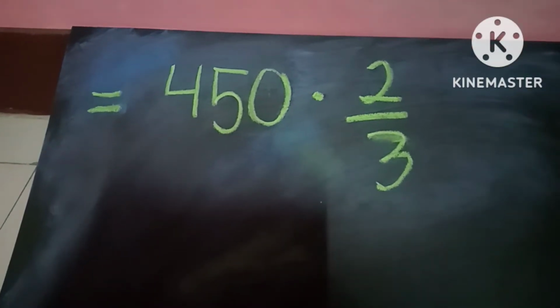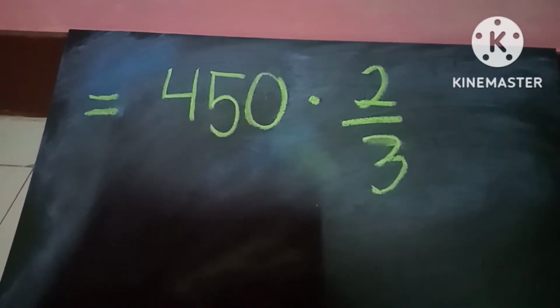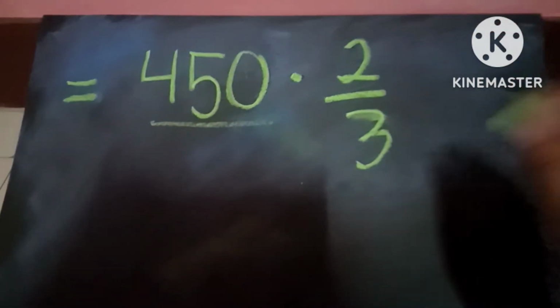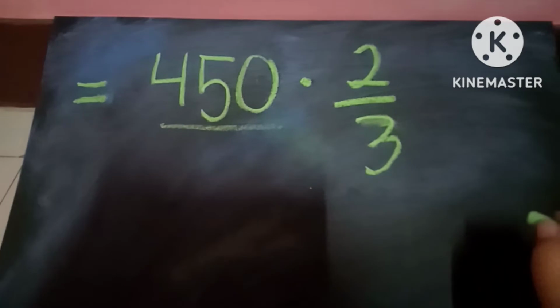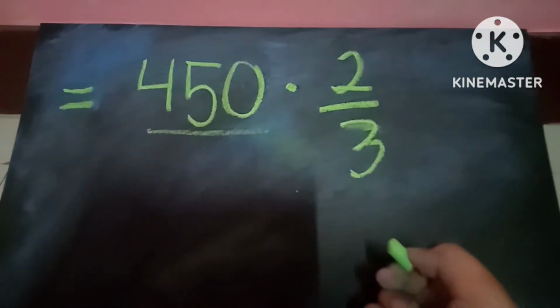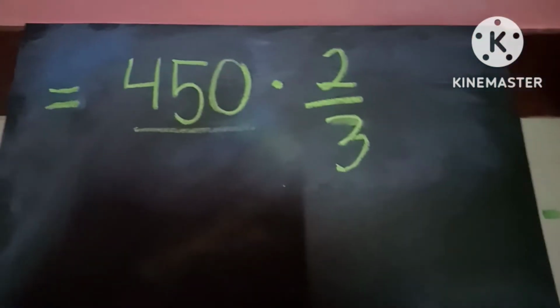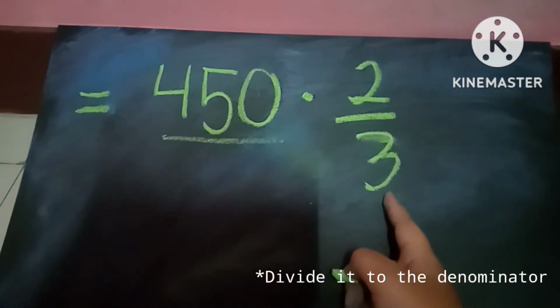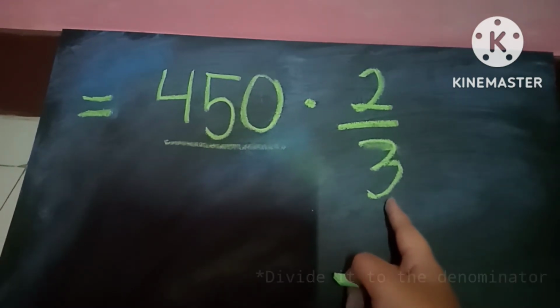Now, to solve the problem, we would multiply the 450 to the fraction. To simplify multiplying the 450 to the fraction, we just need to divide the 450 by the 3 of the fraction.